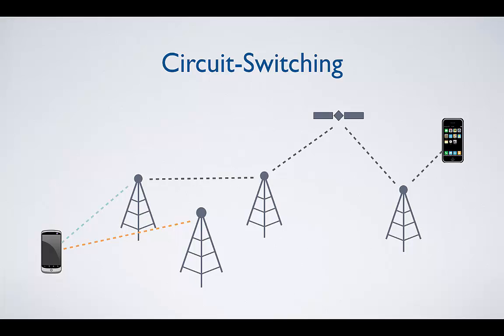Then something called a handoff has to take place, and the circuit is magically updated so that it goes through the closest tower. But it's still a circuit, and your voice data is still pipelining in the correct order through that circuit to the caller on the other phone.